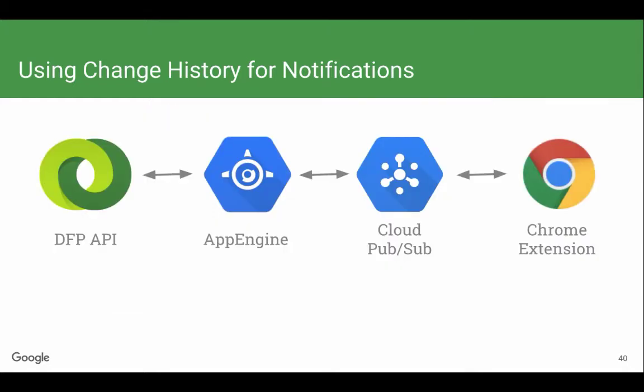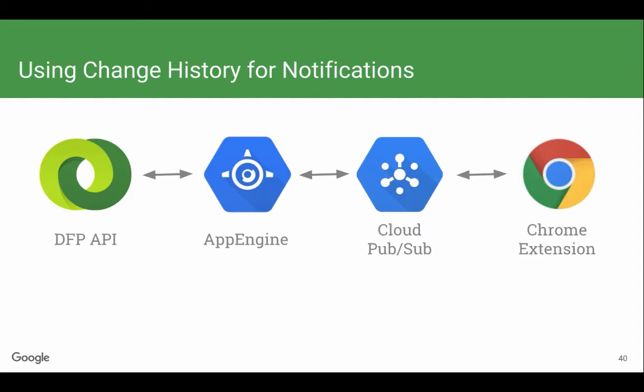To achieve this, I built an example application using the DFP API and a couple of other technologies. If you're not aware, both our Java and Python client libraries will run on App Engine, so I utilized App Engine to host my program. I also leveraged a Google Cloud technology called Cloud PubSub.